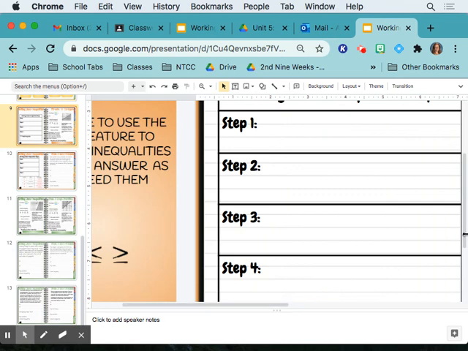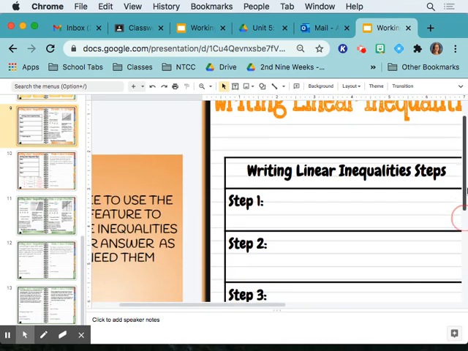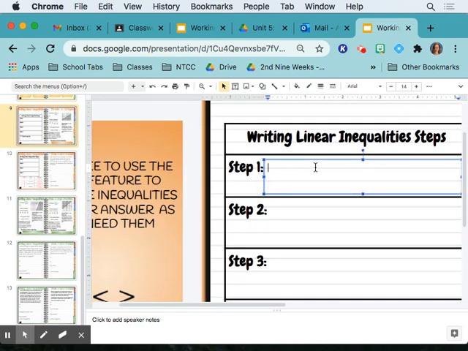Zoom in so I can write my steps. All right, so steps. If you double click, you can find a text box there, I believe. That's what I was able to do. Step one, look at the line and write whether it is dashed or solid.